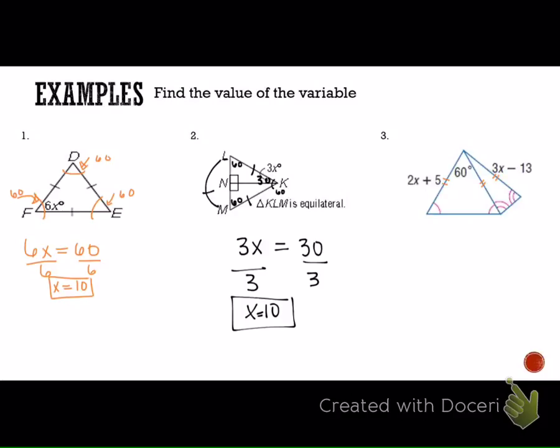So these angles are also 60, not that that matters for us here. But these angles mean these two sides are congruent, which forces those two sides to be congruent. So if two things are congruent, Casey, what can you do with them? Good. So we can say 2x plus 5 equals 3x minus 13.